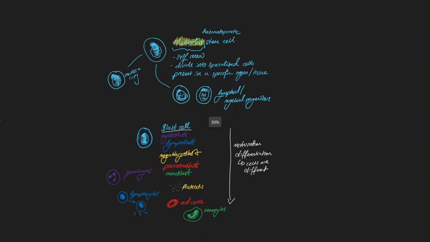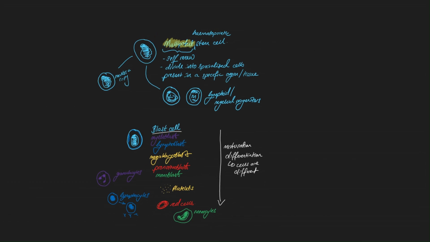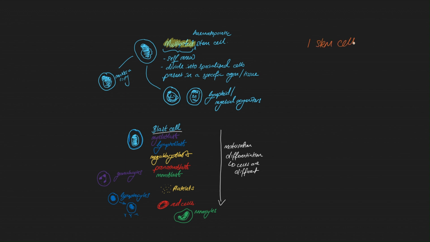Okay, so if we zoom out a little bit and look at the whole process from beginning to end, what you'll see is that it starts off with one stem cell at the top of the screen. And this one stem cell becomes millions and millions of mature cells through the process of maturation and differentiation.